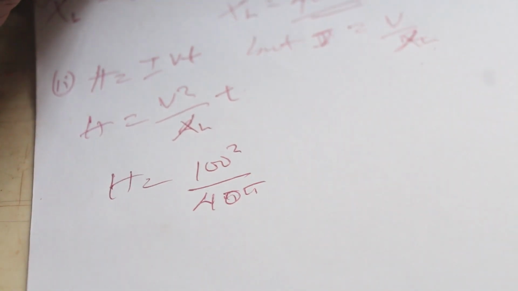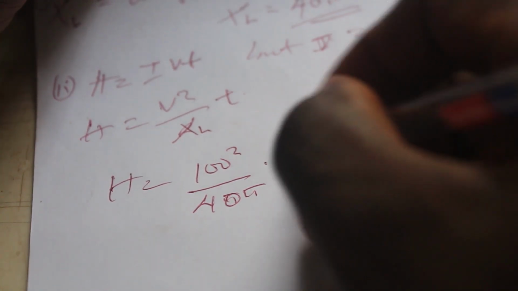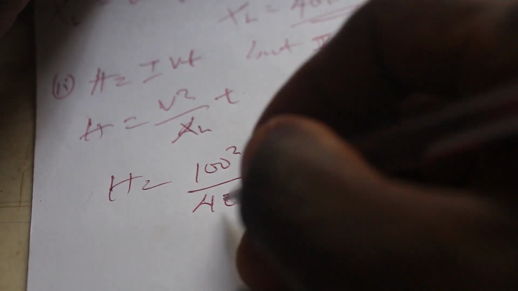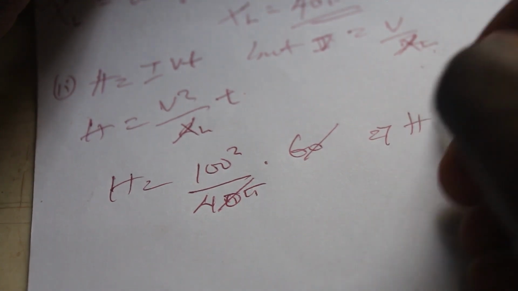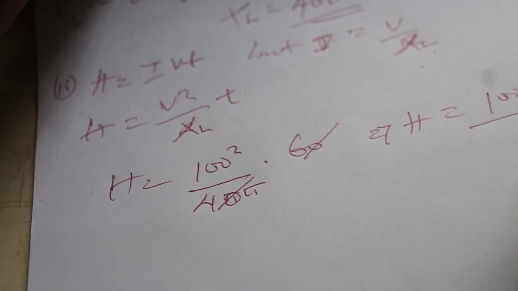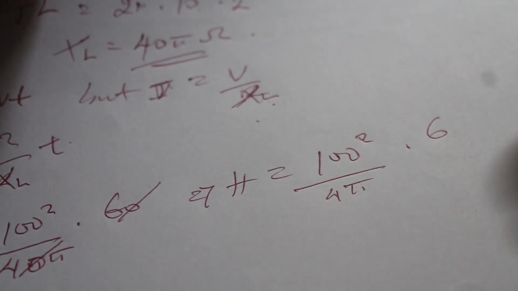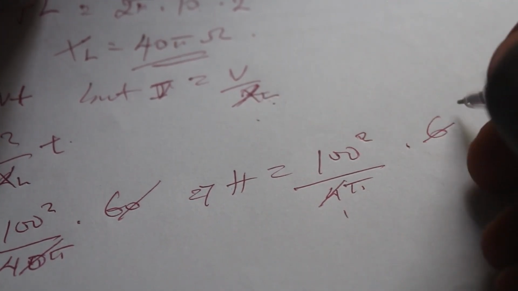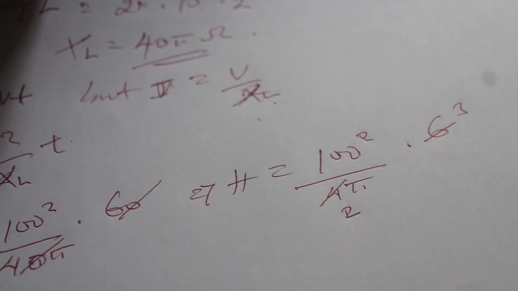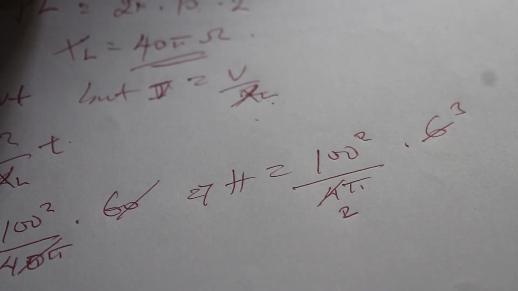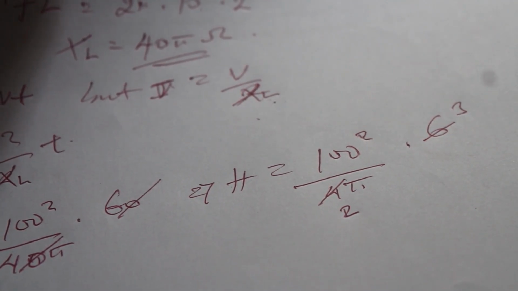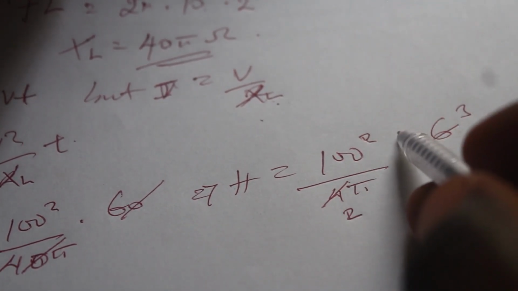So here we have H is equal to, what is V? V is 100, so we have 100 squared all over 40 pi multiplied by 60. So this 0 takes the 0 out, and that means that we have H is equal to 100 squared all over 4 pi multiplied by 6. So 2 goes here 1, 2 goes here 2, 2 goes here 3. Now 100 squared is 10,000.